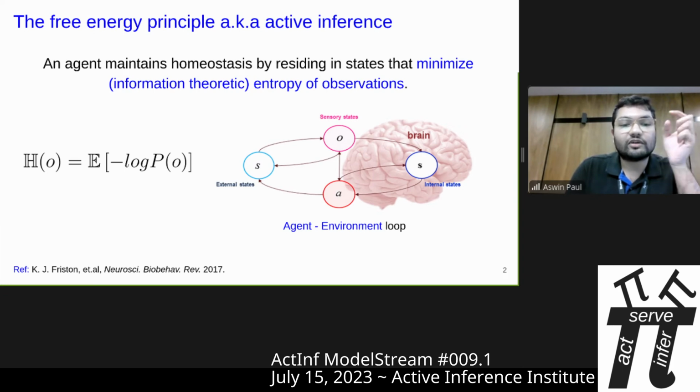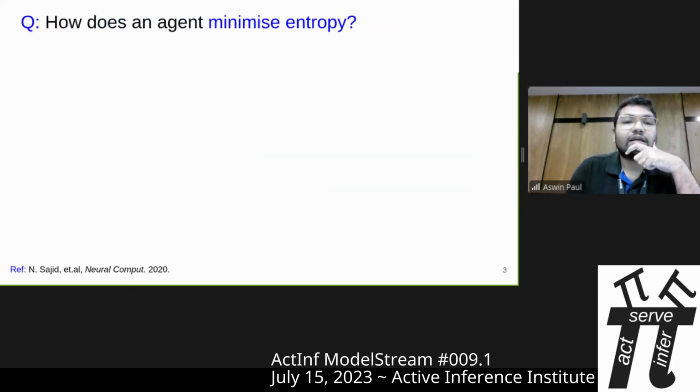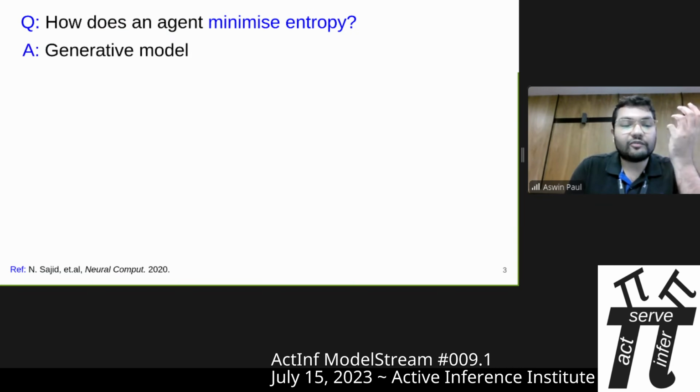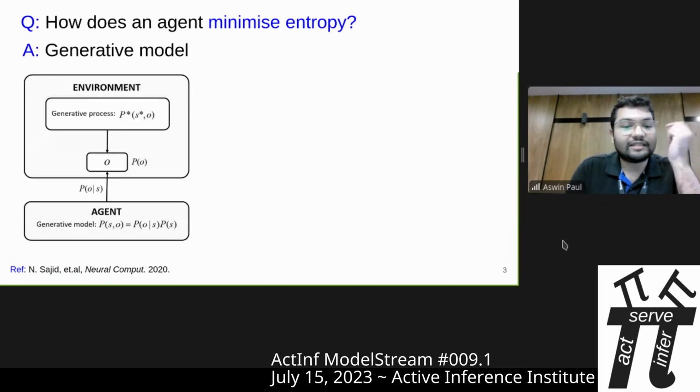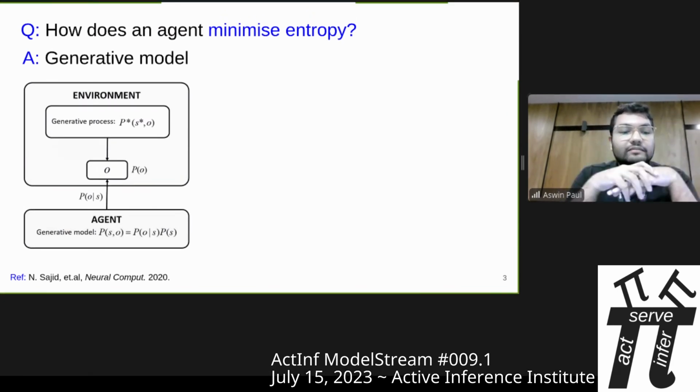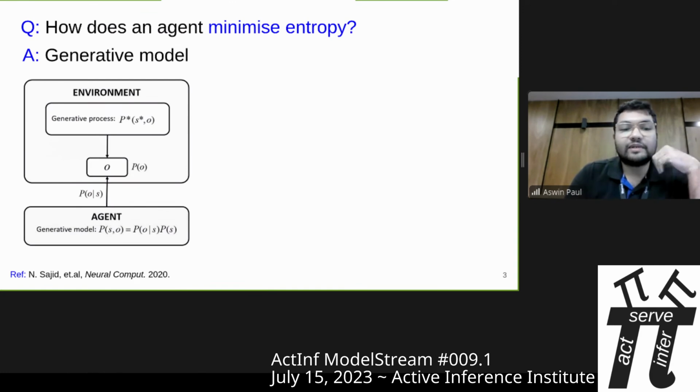So let's focus on this idea of minimizing entropy. How does an agent minimize entropy, or know which observation is highly probable and vice versa? That is by maintaining a generative model, and the generative model is basically a toy model of the environment, which the agent builds in its brain, and that is built using only the observations that it gets from the environment.